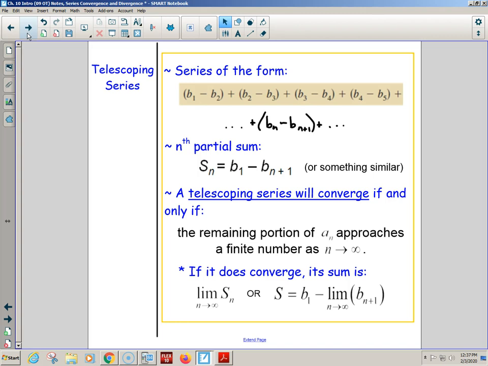Anyway, telescoping has its own. Here's the dilemma. Telescoping ones are usually hidden. The way I've written it out, though, it's definitely not hidden here.